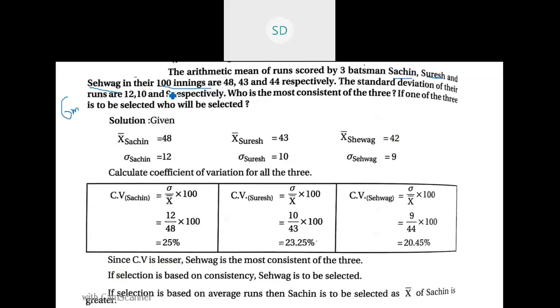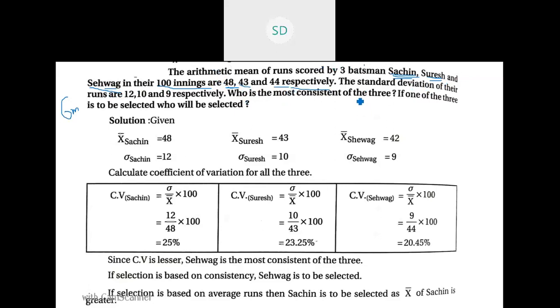The x bar of the 3 of them are given, and whenever they say respectively, it means the first name's arithmetic mean is given first. So Sachin's average runs were 48, Suresh's average runs were 43, Sehwag's average runs were 44. That is what respectively means.